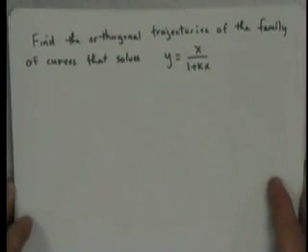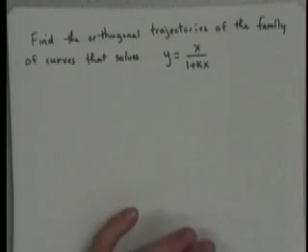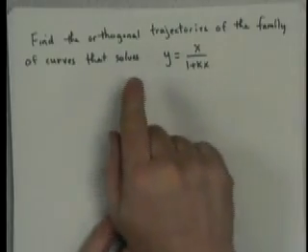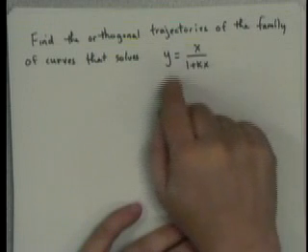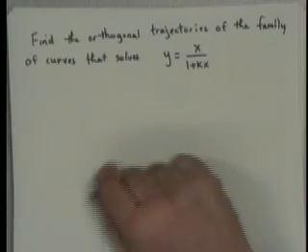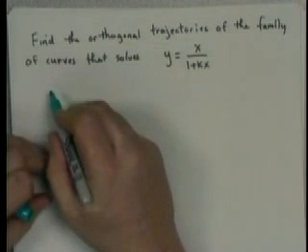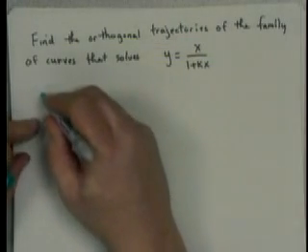Oftentimes it comes out when we start talking about multivariable problems. How do you describe perpendicular if you have 5 different variables as input? So we use the word orthogonal instead of perpendicular. But orthogonal trajectories: what I want is to find curves that are going to be perpendicular to this curve, no matter what k is, and no matter what x is. So we want to find curves who have a slope that is a negative reciprocal.